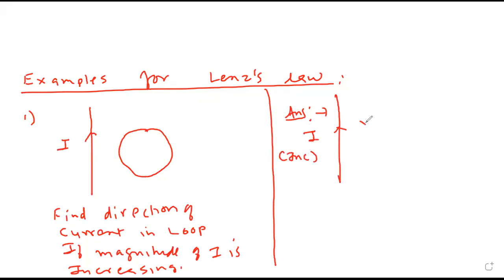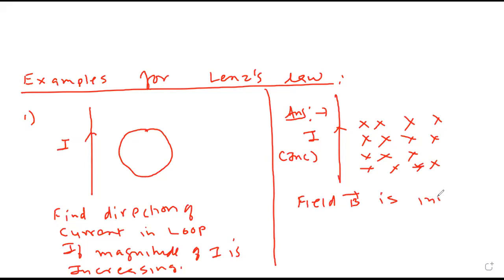So can I say the field on the left-hand side will be in the inward direction and increasing in nature? Therefore, field B bar is inward and increasing. Can I say this or not?